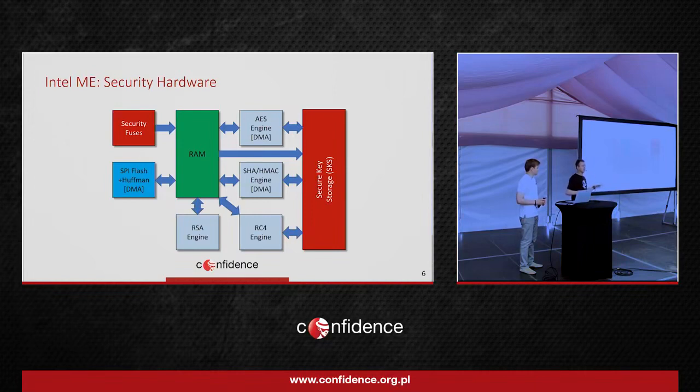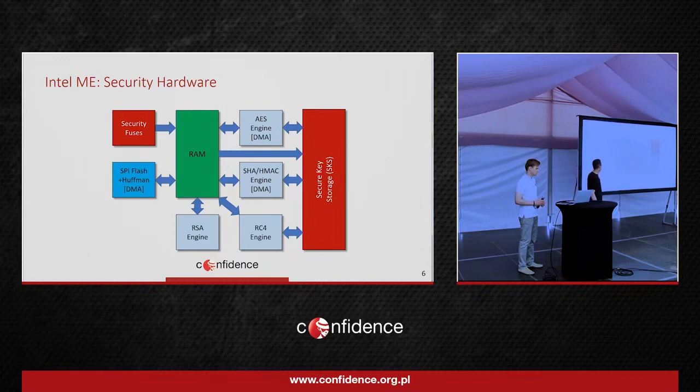It's a small amount of it, about 2 megabytes, but it's needed for running Management Engine even when your main memory, several gigabytes, is not powered on, not available. So we have a security fuses device. We have several devices that handle some cryptographic primitives. We have a secure key storage for storing the keys used inside Management Engine.